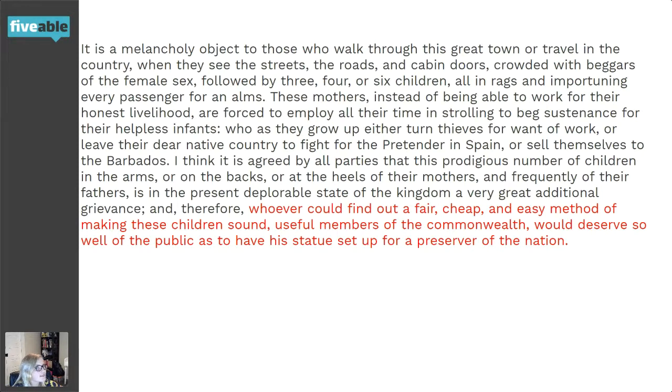These mothers, instead of being able to work for their honest livelihood, are forced to employ all their time in strolling to beg sustenance for their helpless infants, who as they grow up either turn thieves for want of work, or leave their dear native country to fight for the Pretender in Spain, or sell themselves to the Barbados. I think it is agreed by all parties that this prodigious number of children in the arms, or on the backs, or at the heels of their mothers, and frequently of their fathers, is in the present deplorable state of the kingdom a very great additional grievance.